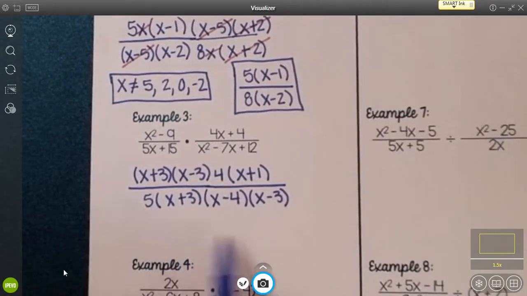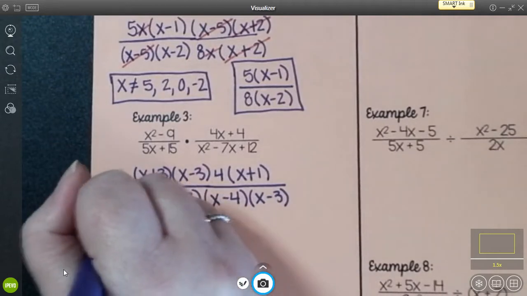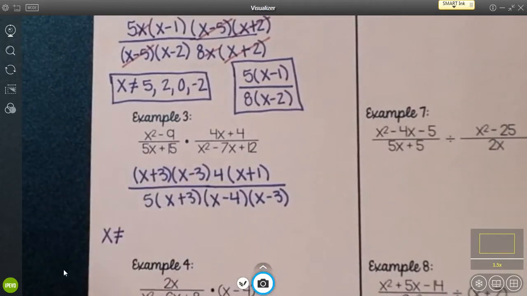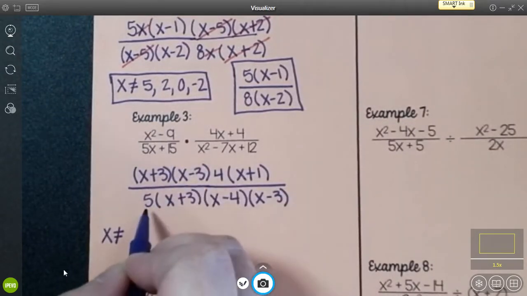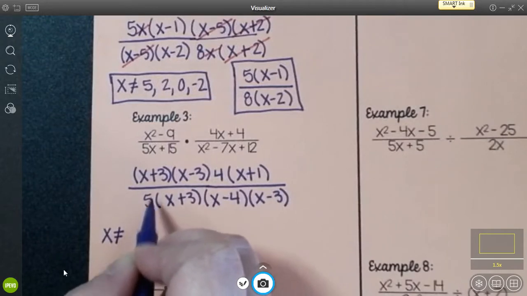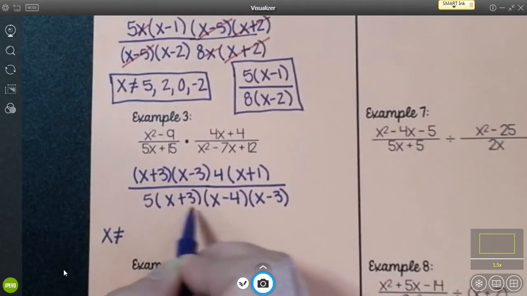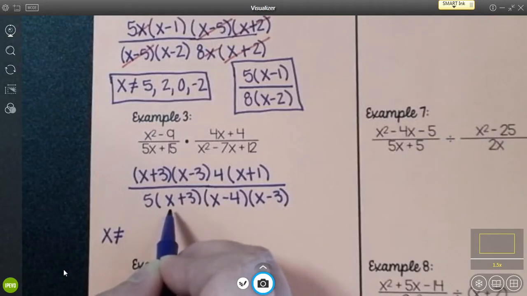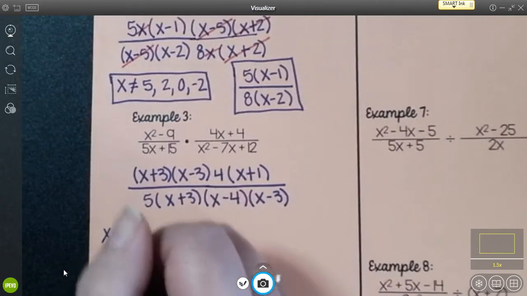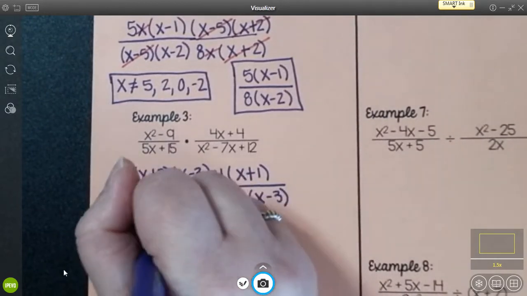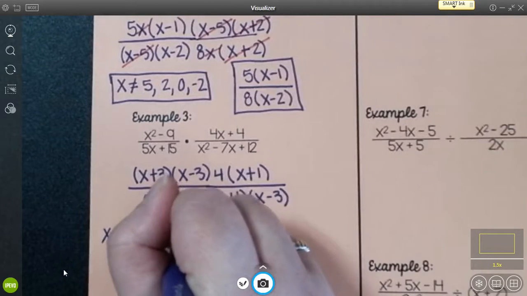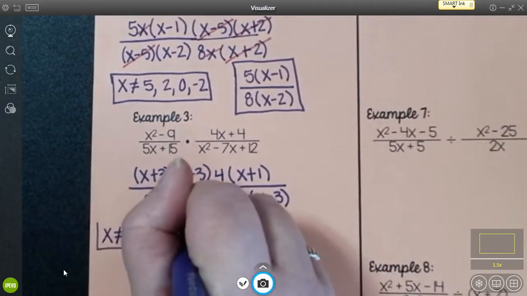Okay, how many factors in the denominator contain a variable? 3. So that means we have 3 restrictions. What are they? Okay, does 5 contain a variable? No, so we don't have to worry about that 5. So the x plus 3 tells us x cannot equal negative 3. Good. So negative 3, 4, and positive 3.